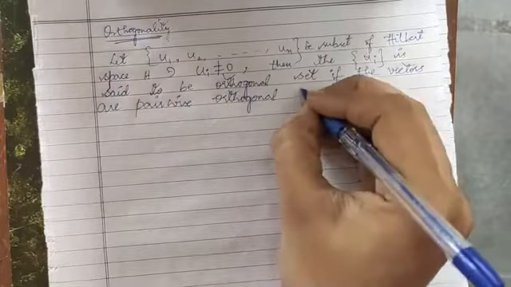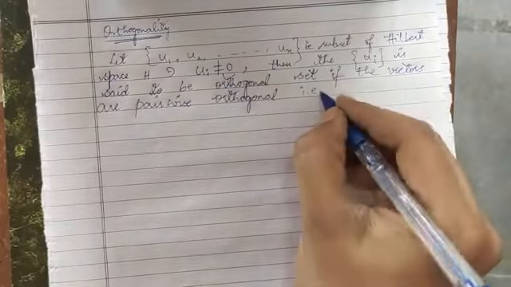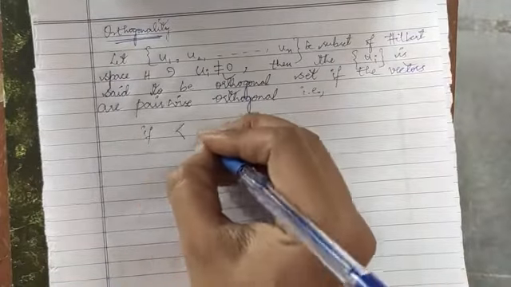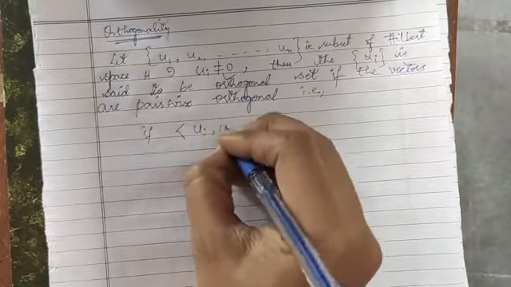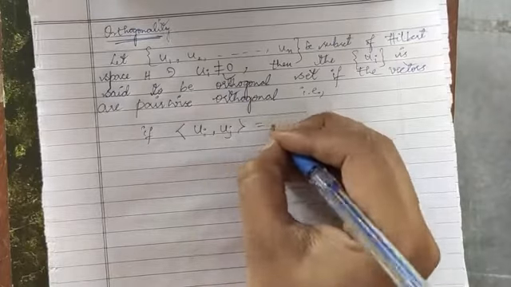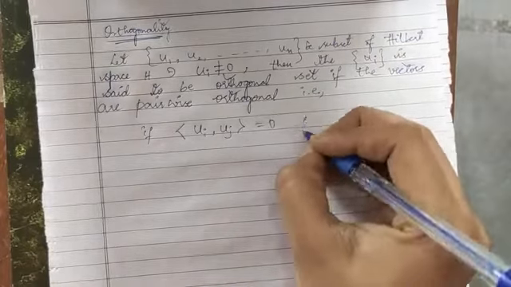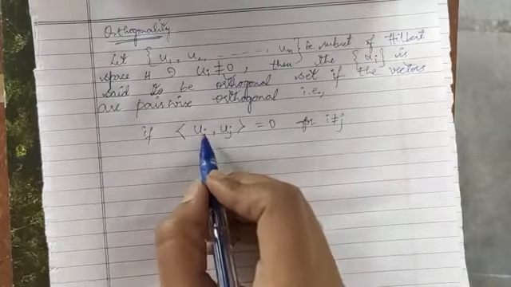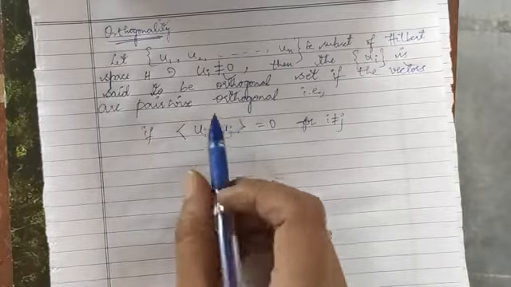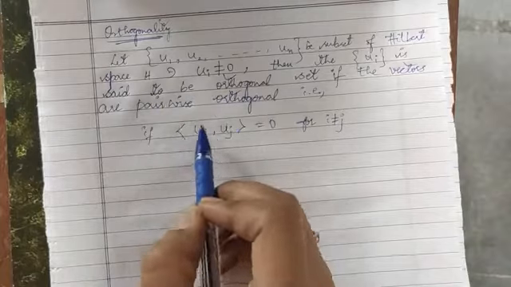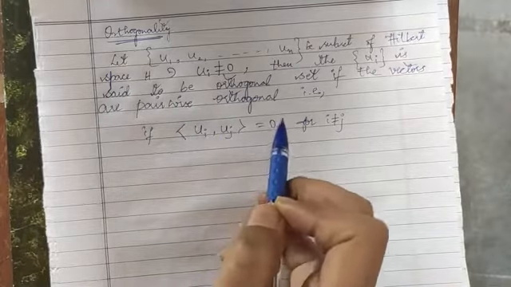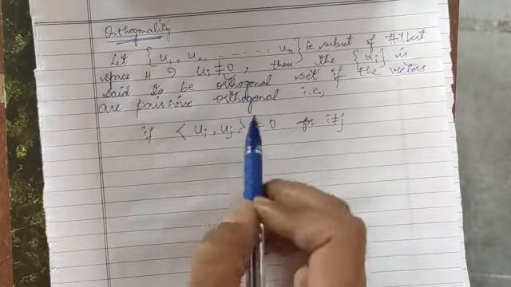That means I will write it mathematically. That is, if inner product of ui comma uj is equal to 0 for i not equal to j. So if i and j are not equal, it is pairwise orthogonal. Then you can call this set an orthogonal set.